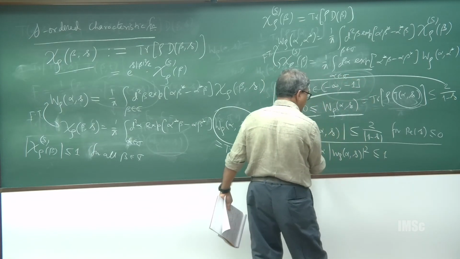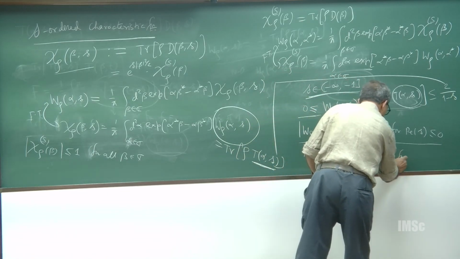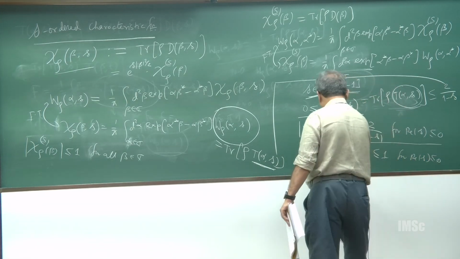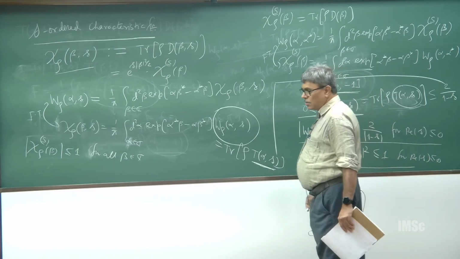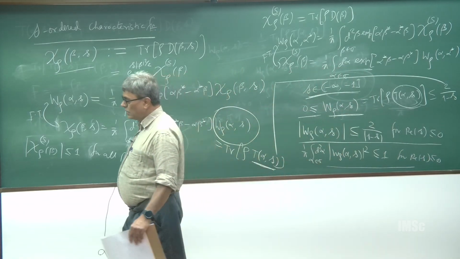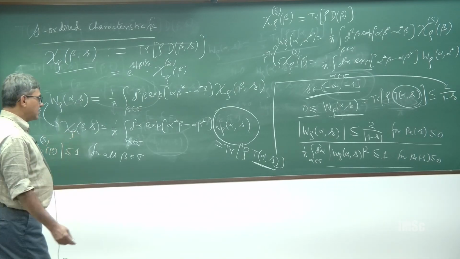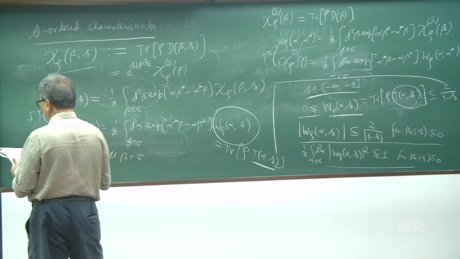So, basically this is a square integrable function for real part of s less than or equal to 0. So, this is even more general. Okay. So for this range we talked about, this phase space distribution function, not the Wigner function, is a square integrable function, bounded and all that.